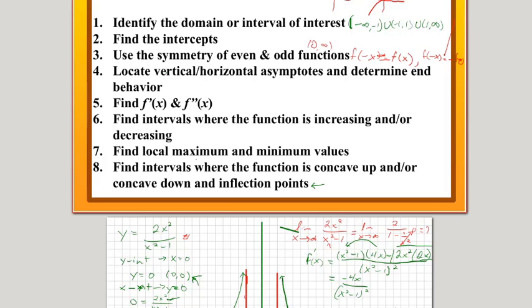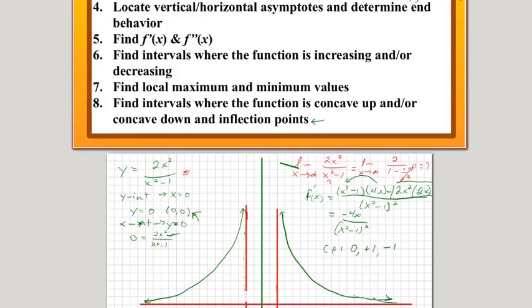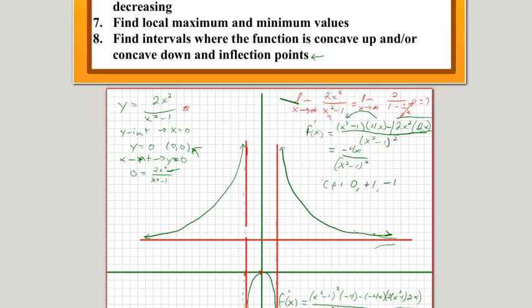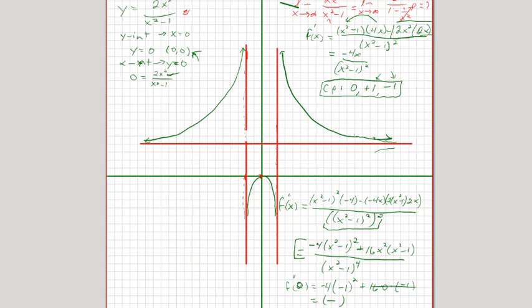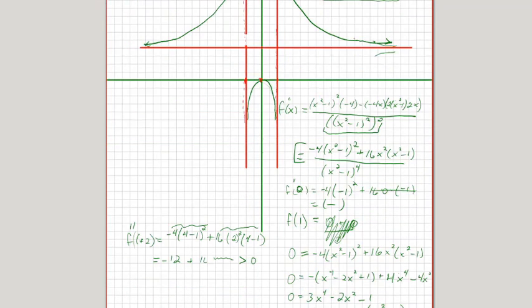So now, let's see, let's find the local maximum and min values. Well, for those, we just have to look at our critical points. But of course, 1 and negative 1 can't be max and min values. So we have to look at 0. It's the only place we might have a local max or a local min. And indeed, you can see from the graph, but you can also see from using our one extrema theorem.